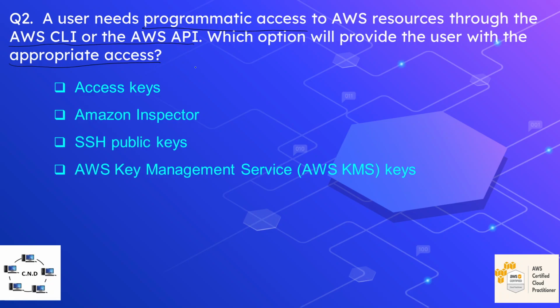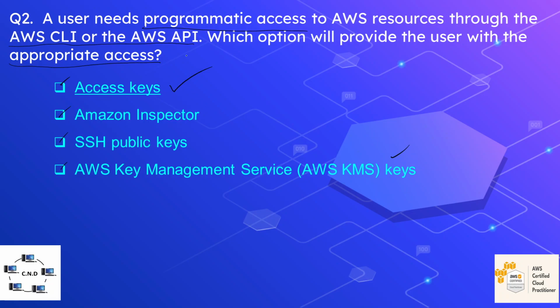What is the correct service or option that can be used for the purpose? The options are: number one, access keys; number two, Amazon Inspector; number three, SSH public keys; and number four, AWS Key Management Service, or AWS KMS keys. And the correct option is access keys.